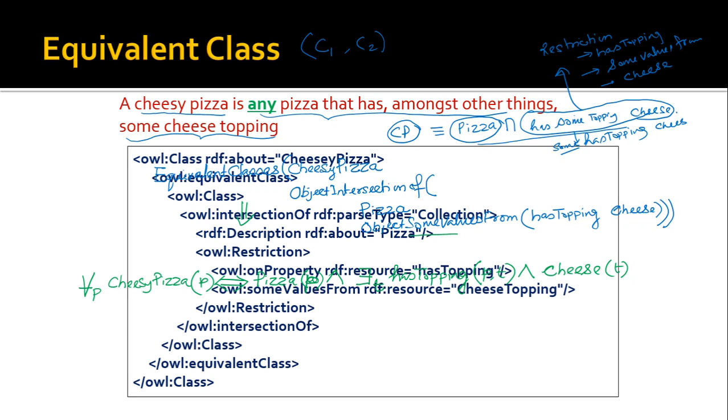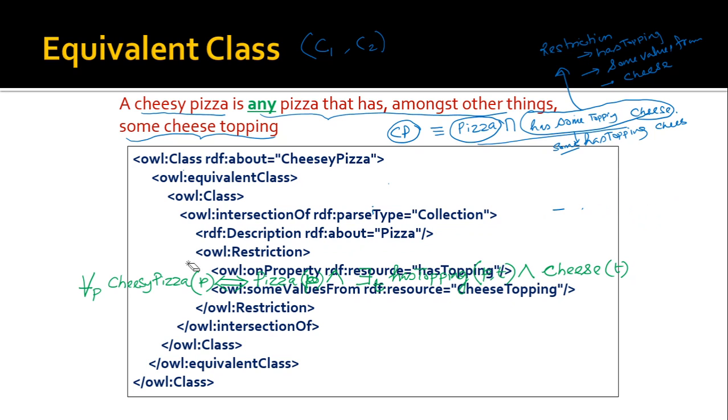Now let us move to the, let me remove this drawing. So this is the corresponding RDF XML form of the statement that we have written in functional style before this. I'll just do it for this particular example, but going forward we'll be using only functional style. So we are defining cheesy pizza to be equivalent to another class.